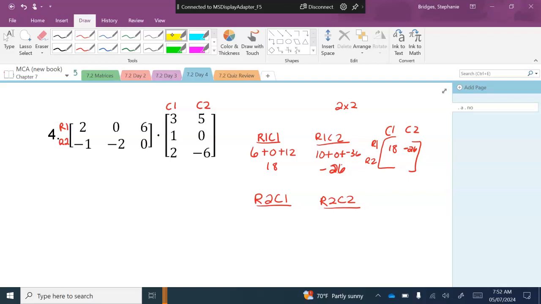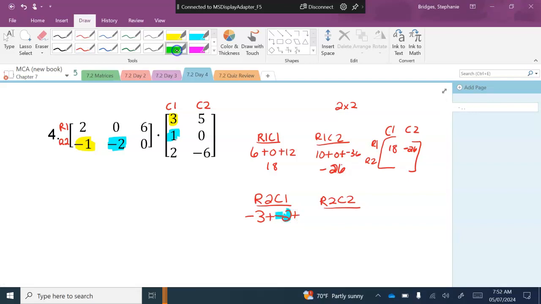First term in each. So row 2 times column 1, negative 1 times 3 is negative 3. And then we're going to go across and down. Negative 2 times 1 is negative 2.